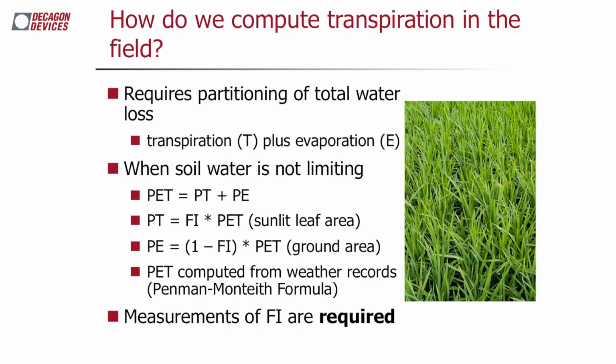Now, to even start this partitioning analysis, we've got to have the fraction of interception measured. But once we have that, we can compute the transpiration value and get out that transpiration efficiency.